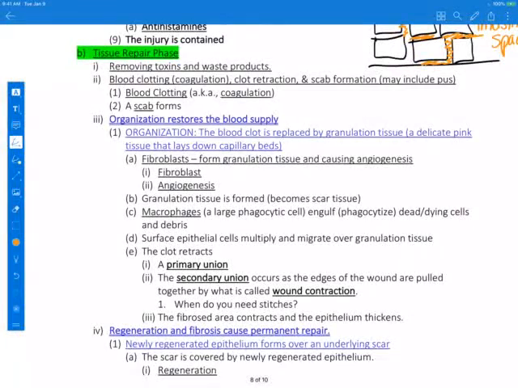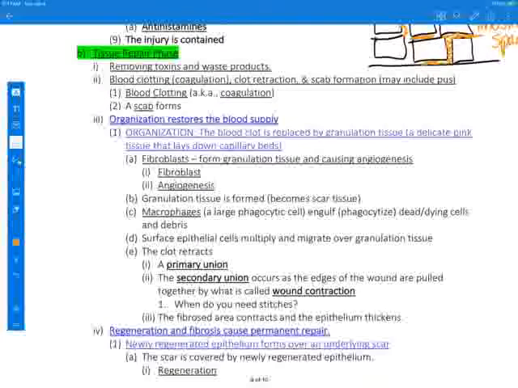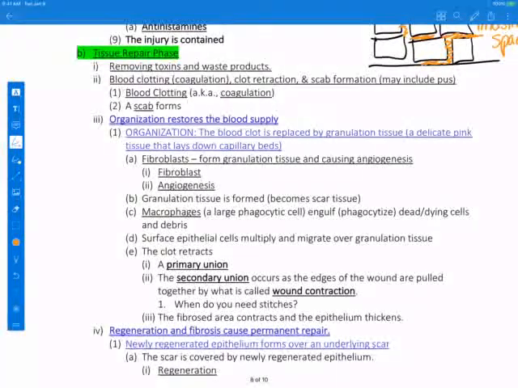Granulation tissue is formed and angiogenesis, or the growth of new blood vessels, occurs. The granulation tissue ultimately becomes scar tissue. Angiogenesis, or the growth of new blood vessels, results in vascularization of the new tissue, known as granulation tissue.